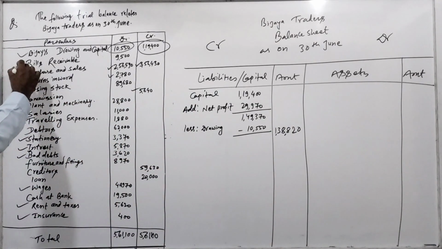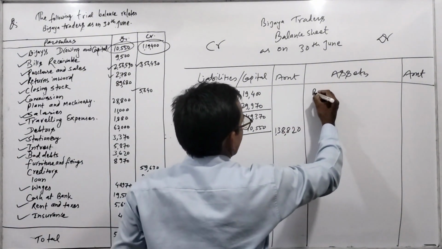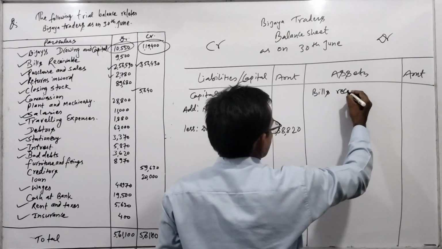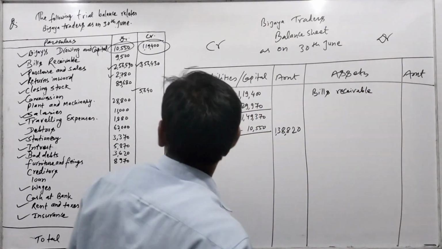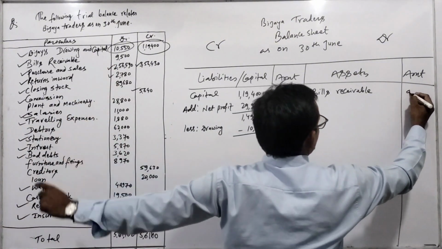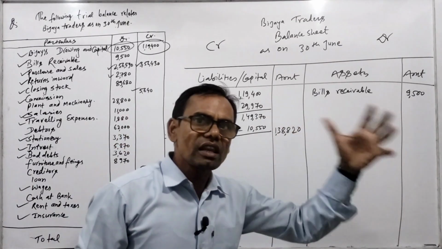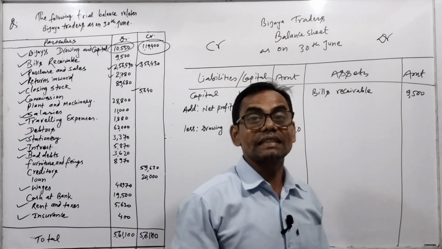So bills receivable, here is bills receivable. Bills receivable means assets. You have to write here all the receivable assets. Bills receivable is assets, and the amount is 9,500. I have told you a payable amount is a liability. A receivable amount is an asset.